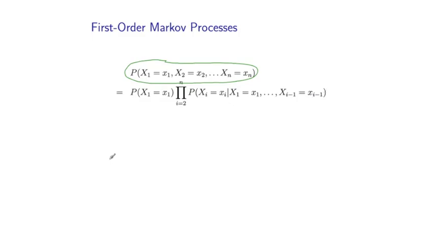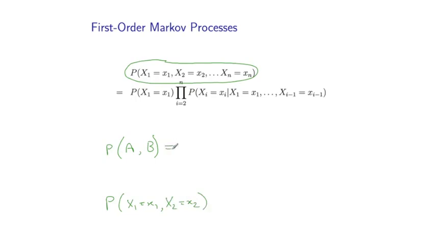So remember, if we have events A and B, and we want to say what's the joint probability of events A and B happening. For example, we might have the joint probability that x1 is equal to little x1 and x2 is equal to little x2, just considering the first random variables in the sequence.